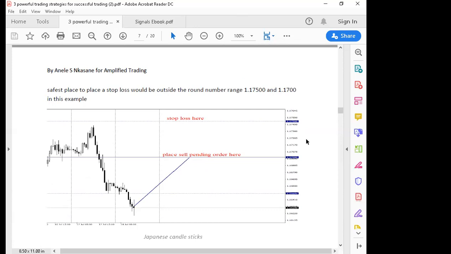Yes, if you want to be a trader long term, you definitely need to use a stop loss. However, a stop loss isn't something that you put there because you're afraid of losing too much. Okay, it mustn't be that you're afraid of losing too much.